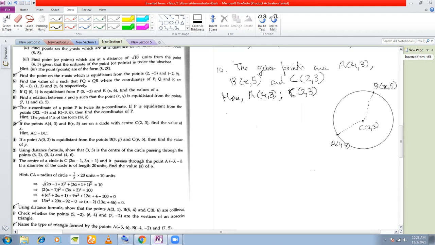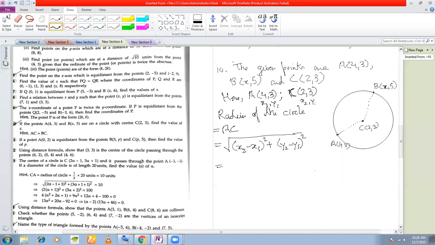So the radius of the circle is equal to AC, which is the square root of, by the distance formula, the distance between A and C. Here x1, y1 and here x2, y2.